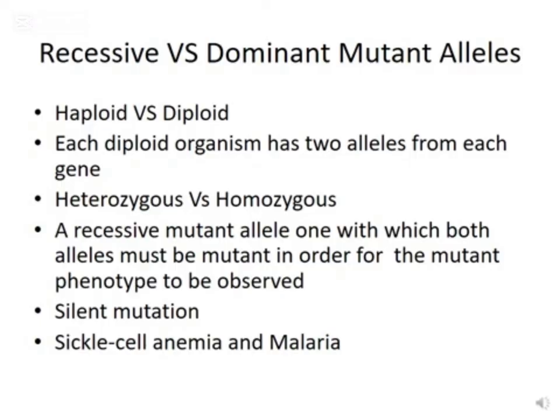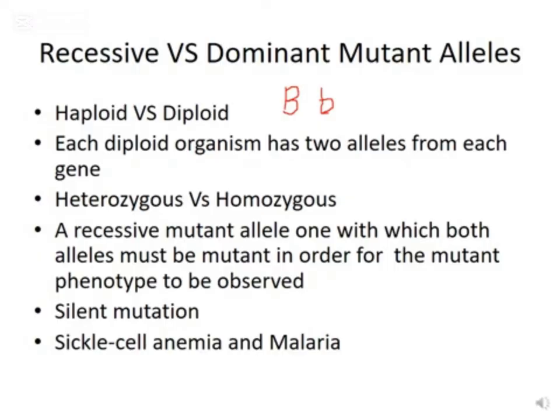So if we have black, which is the capital B representation here, it is the dominant gene, and it will be in one of the two homologous chromosomes coming from one of the parents, while the other gene that is homologous to it comes from the other parent. So let's say it's the lowercase b, which is the blonde. So you have one gene coming from one parent, and its homologous chromosome coming from the other parent.